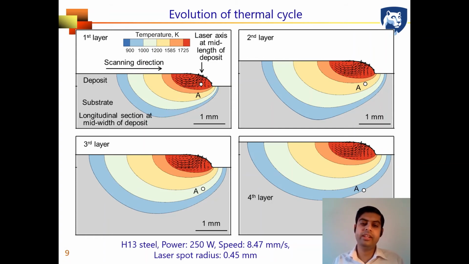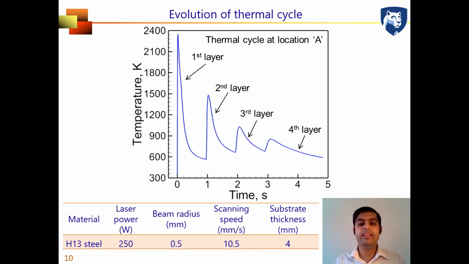So as we see during the deposition process, how temperature varies at that location, we can see it's a repeated heating and cooling. So during the deposition of the first layer, the temperature is the highest and it subsequently decreases while depositing the upper layers.